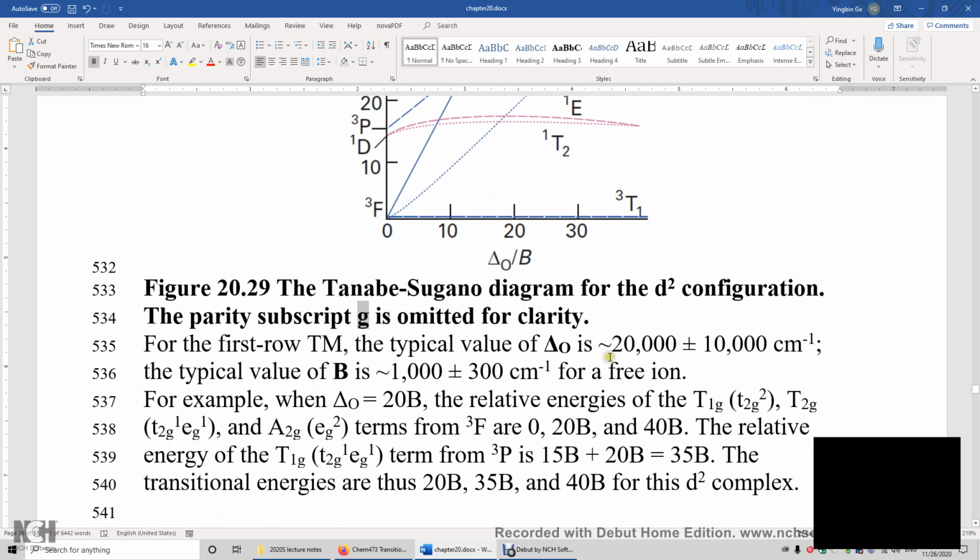Over here, you can see I'm just giving some typical values for delta O, 20K, B, 1K, and then if delta O is equal to 20B, in this case 20 over 1,000, the ratio is 20. And then we can predict that the transition is from 0B to 20B to 35B and to 40B.